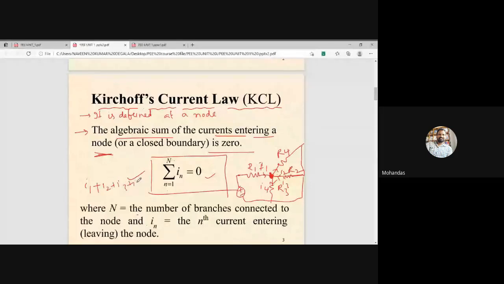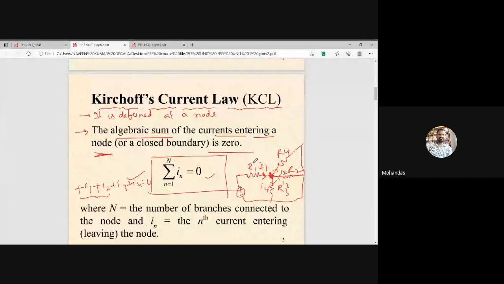But you have to consider the sign convention here. What is the sign convention? We can take any convention, but we should stick to one particular sign convention. Suppose in this case, the I1 current and I3 current are both entering the node. Entering means we can treat those currents as positive.